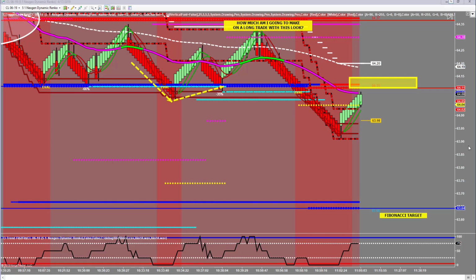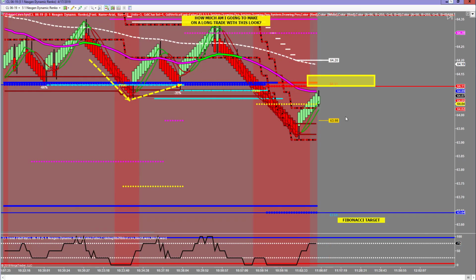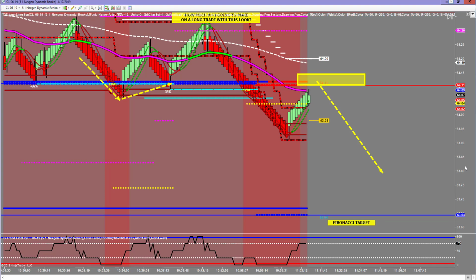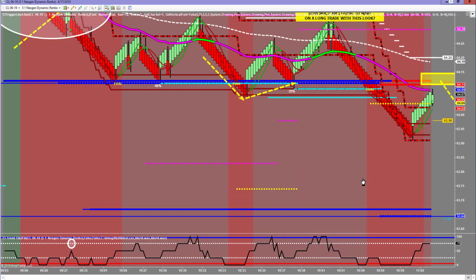If you're going to put yourself at risk, you want to make 20 ticks. I mean, you can still take 10 or 15, but the idea is to make 20 ticks. Well, the rules say don't stare at your small charts or it's going to scare you out.